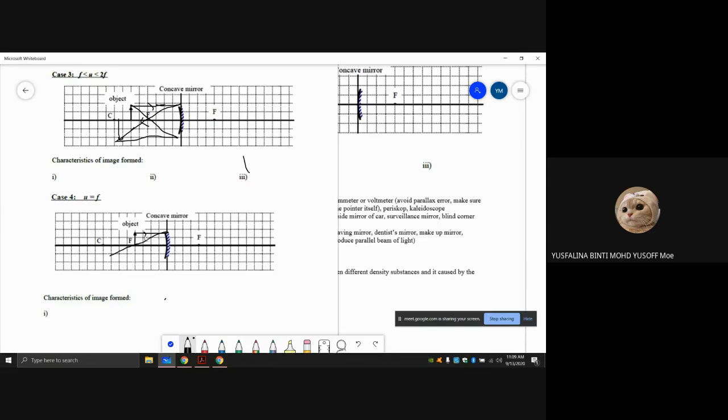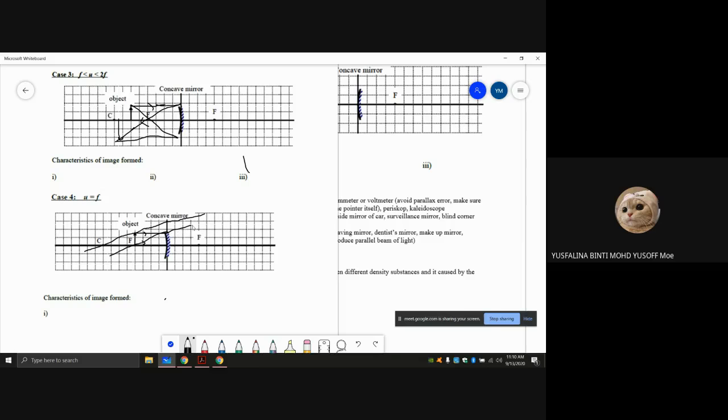And then the second one: you know this ray would have to pass through F and reflect back, but this one cannot because F is here. So what you have to do is from C, you draw a line until it passes through the arrow there, then just make it longer.